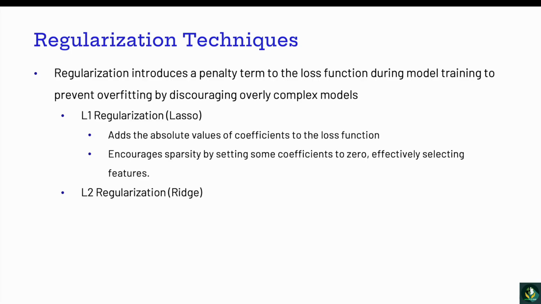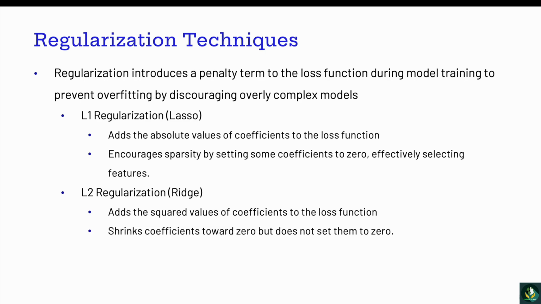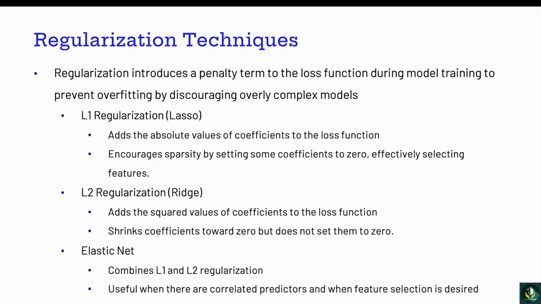Next, we have L2 regularization, also called the ridge technique, which adds the squared values of coefficients to the loss function. It shrinks coefficients towards 0 but does not set them to 0. And we have elastic net, which combines both L1 and L2 regularization. It's useful when there are correlated predictors and when feature selection is desired.